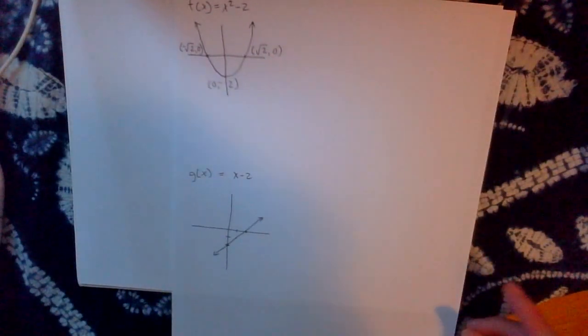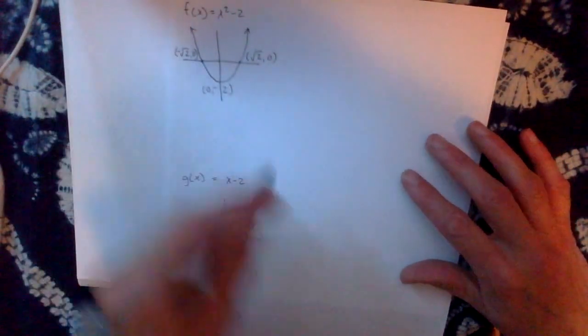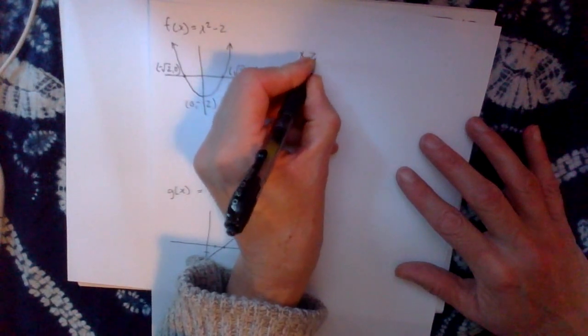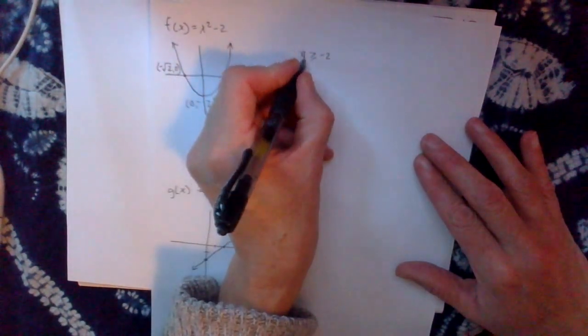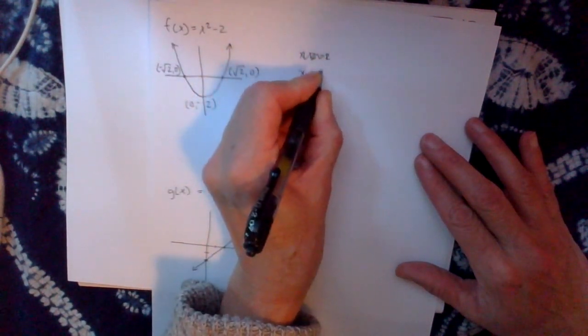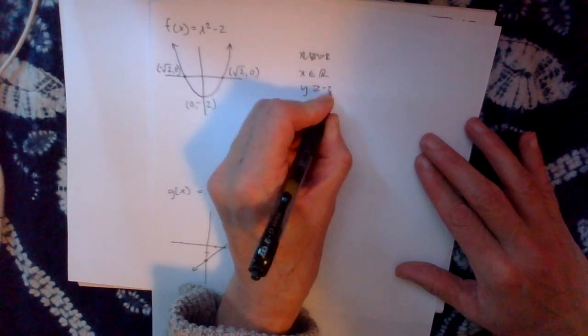So I really think I should think about the graphs first. So x squared minus 2 is this parabola. No, that's not right. Its domain is x can be anything, and its range is y is greater than or equal to negative 2.